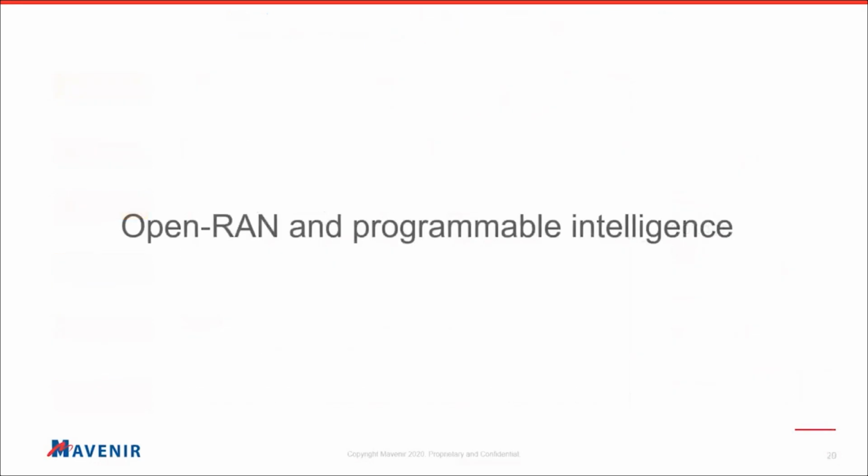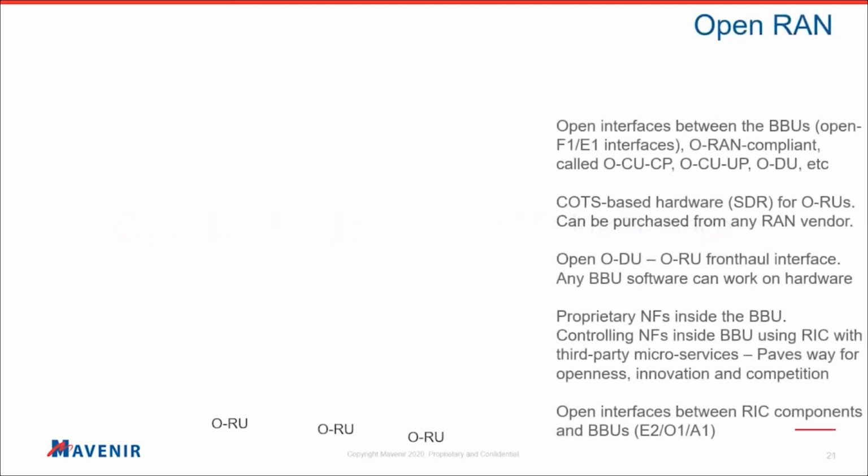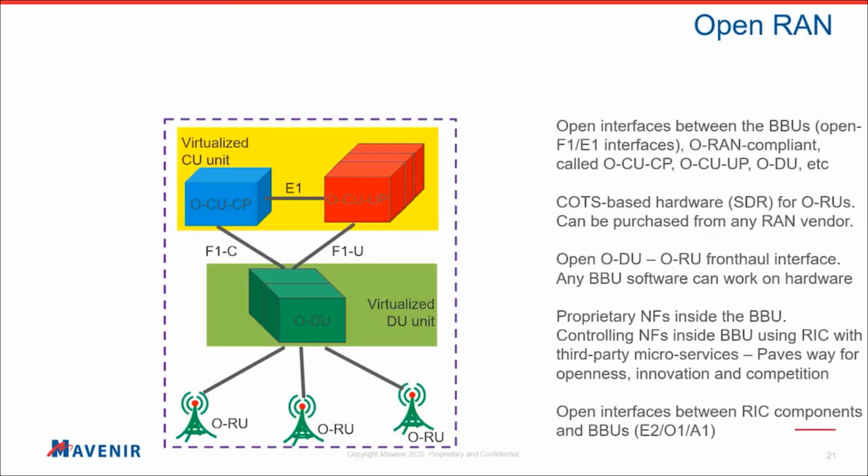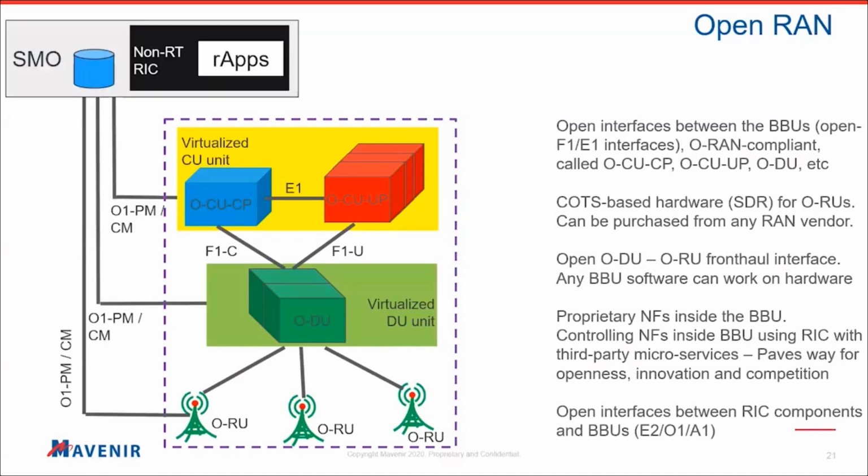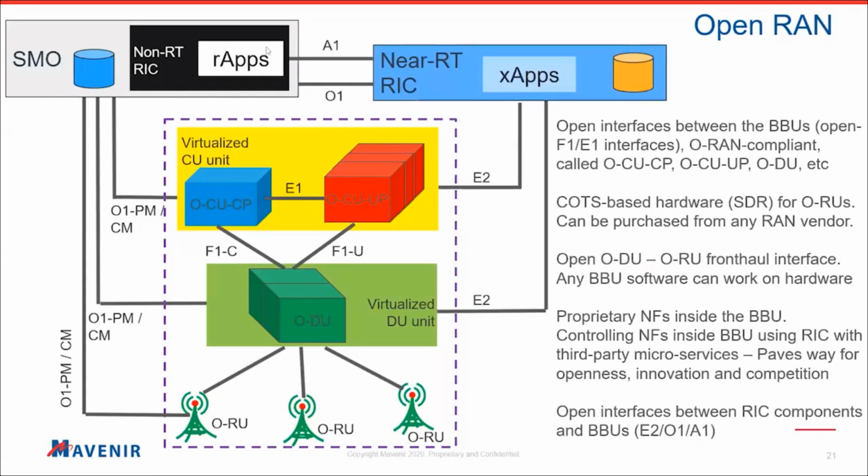Now, to address the problem, this is the final part of my presentation. To address the problem, we have OpenRAN, where you are not just having the RAN, but you also have two additional components. They are the RIC components. One is the non-real-time RIC that is deployed inside the SMO, and there is the near real-time RIC. The non-real-time RIC is used for non-real-time optimization of the RAN, and the near real-time RIC is used for near real-time optimization of the RAN using open interfaces.